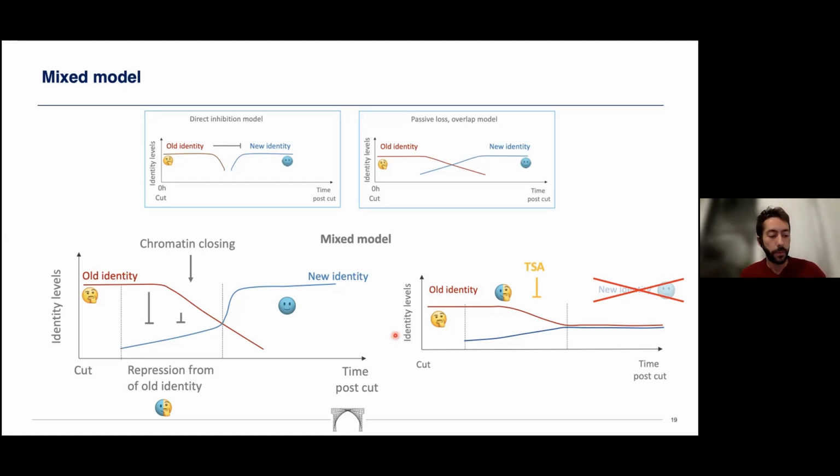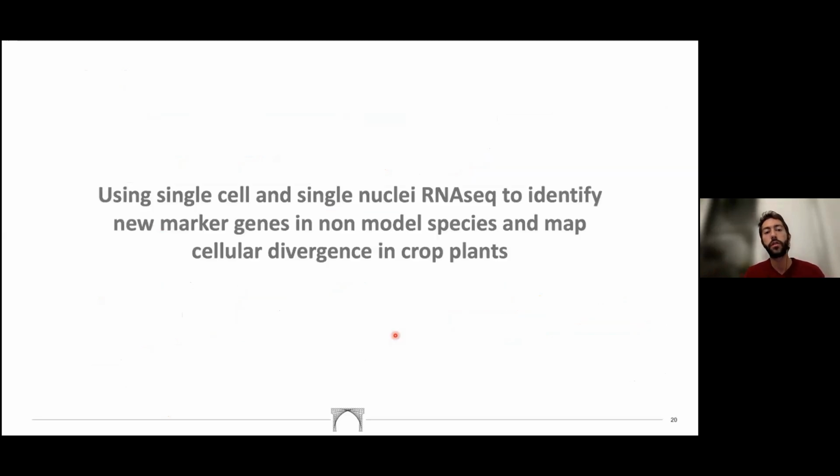Okay, so the second project I wanted to talk to you about is the use of single-cell and single-nuclei RNA-seq to identify new markers in non-model species, and also have kind of a direct comparison of transcriptomes to map cellular divergence in crop plants.